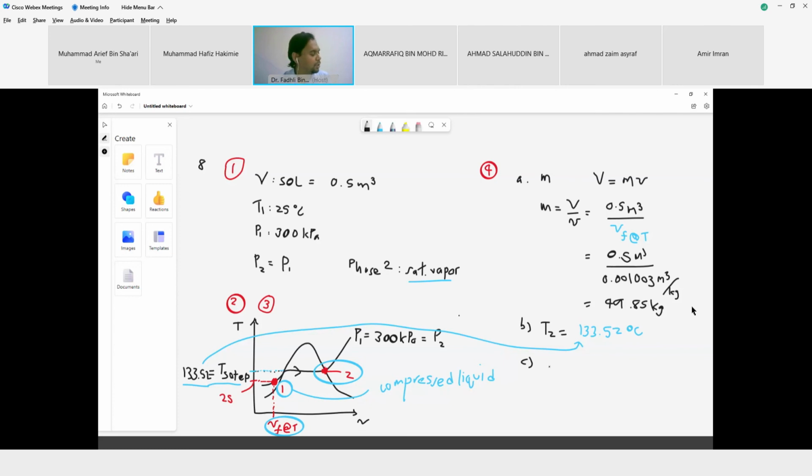So enthalpy change, or can write delta H, uppercase H, right? Bukannya H kecil, H besar sebab dia enthalpy. So H final, enthalpy final H2 minus H1.